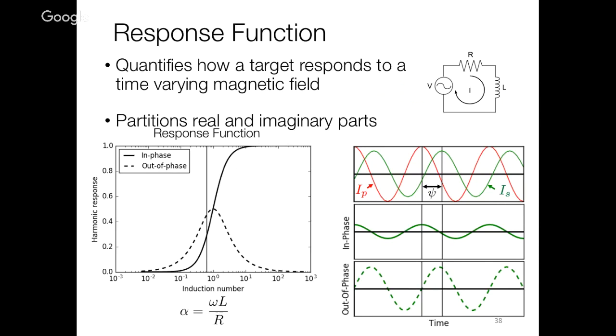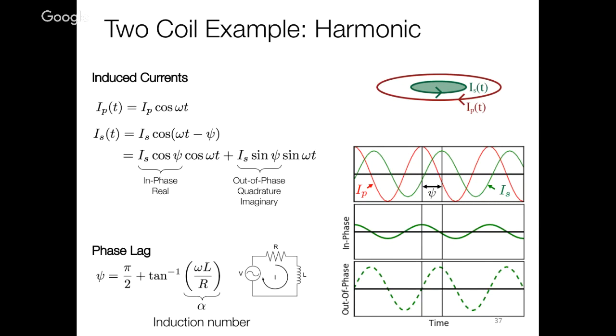What this does is partition the secondary current into an in-phase and an out-of-phase component. The quantity that's important is this alpha, omega L upon R, and that's called the induction number, because we're inducing stuff. This is the induction number of the circuit.